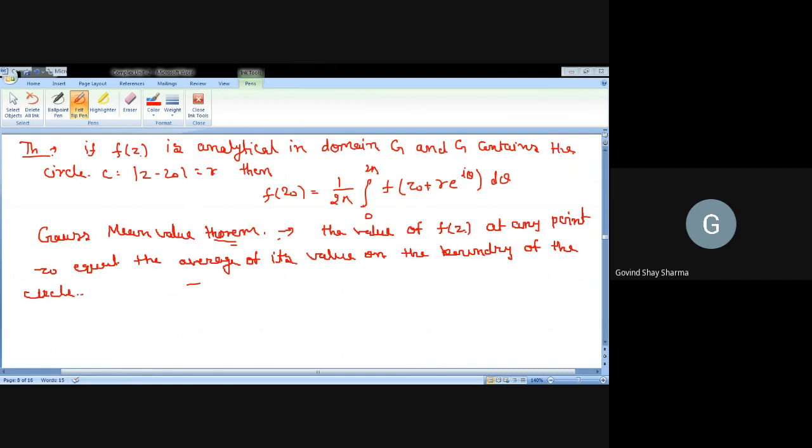The Gauss mean value theorem is saying that the value of f(z) at any point z0 equals the average of its values on the boundary. बाउंड्री पे जो वैल्यू है z की उसके एवरेज की हो, दैट इज कॉल्ड गॉस मीन वैल्यू.